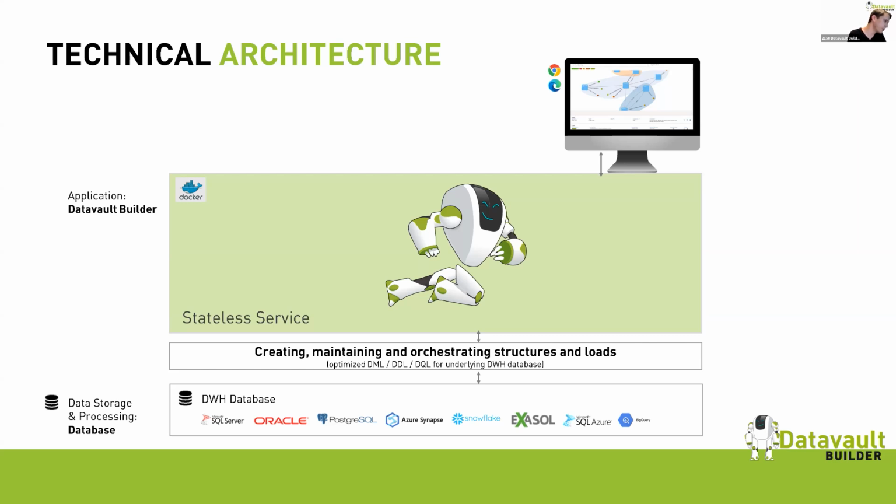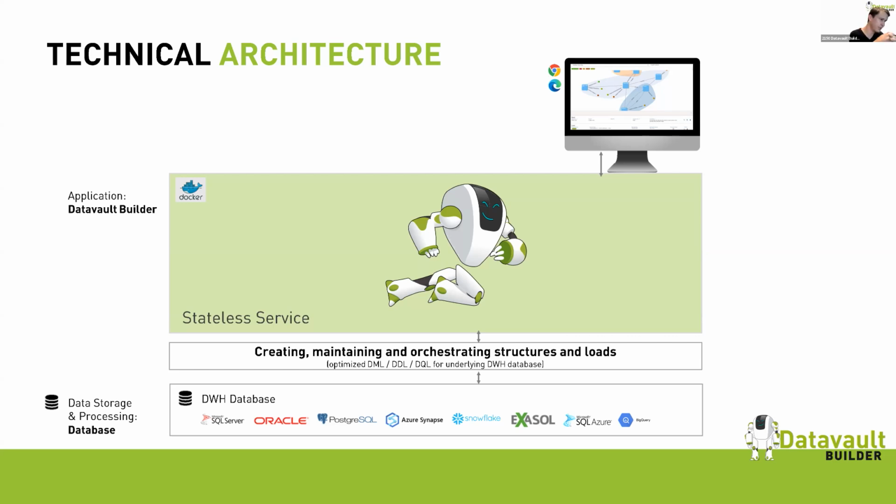Datavault Builder is shipped as a set of Docker images. If you're not familiar with Docker, it's a virtualization basically on application level. The benefit is that you can deploy it anywhere where you can run Docker-based images.